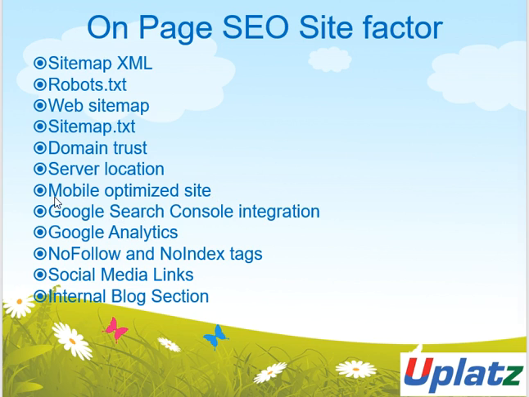So, what is the value of a mobile optimized site? As of now, the world population is increasing day by day, and similarly, the mobile user count is increasing. The number of smartphone users who can access a website is big. Let me show you.